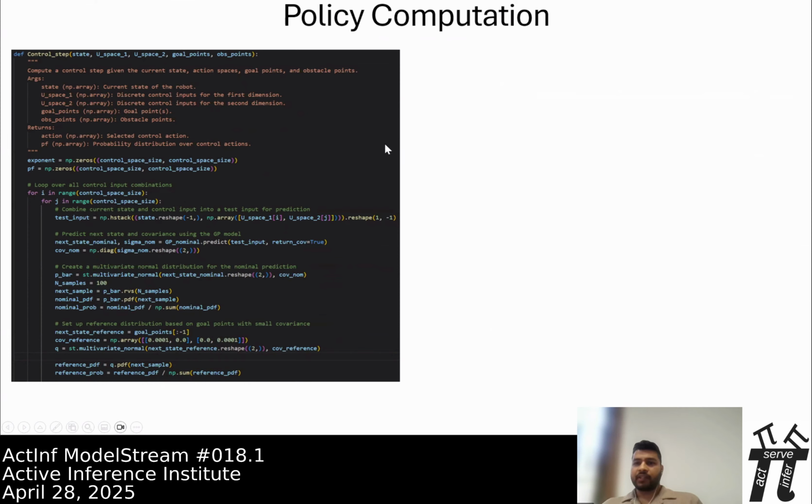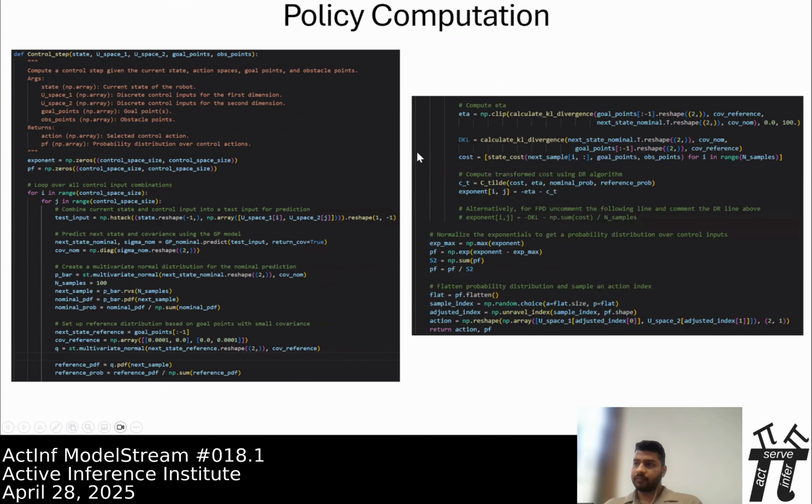Using this, we sample the next possible states from this mean and covariance, and using the samples, we compute the costs for this number of samples.